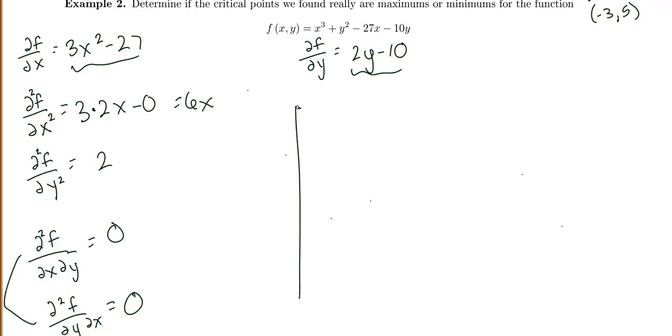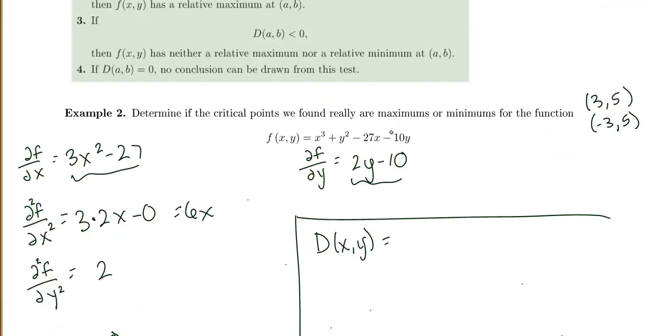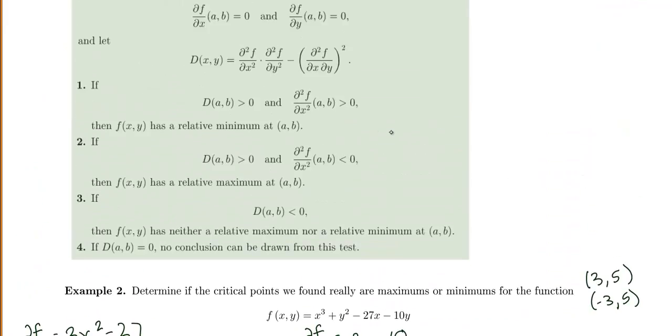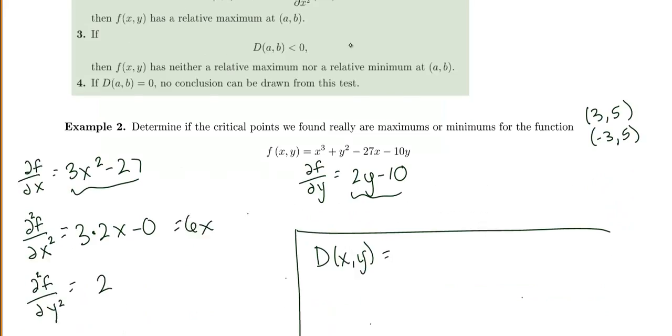So we found all of our partial derivatives. Now let's calculate D. So D of (x, y) is equal to the second partial with respect to x times the second partial with respect to y minus the mixed one squared.